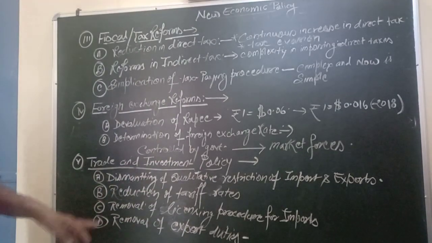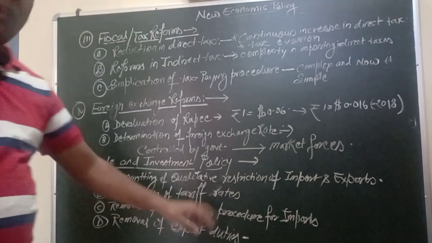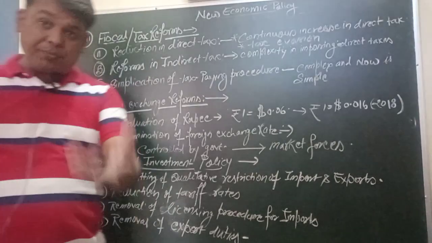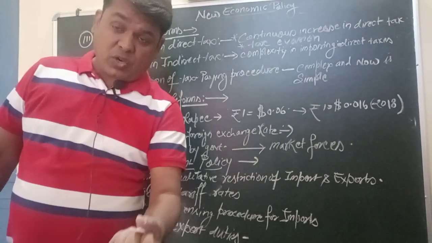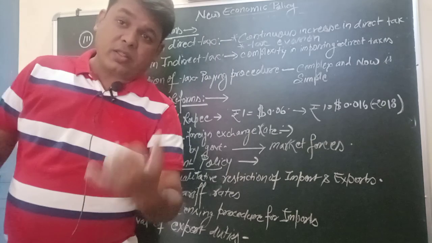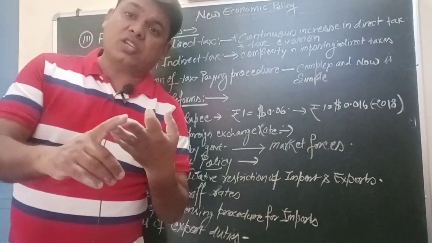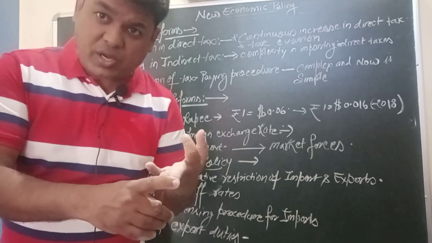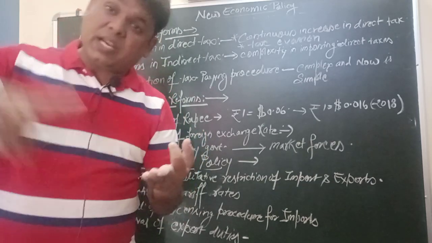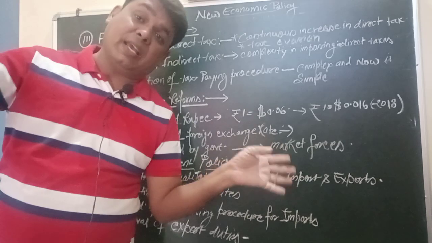Now what is happening? Reduction in the tariff rates. Tariff means taxes. If we are importing, then we have to pay the customs, excise and some other service taxes. Okay, but before 1991 it was high.